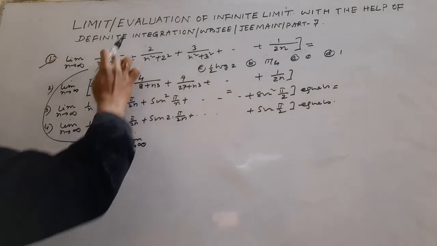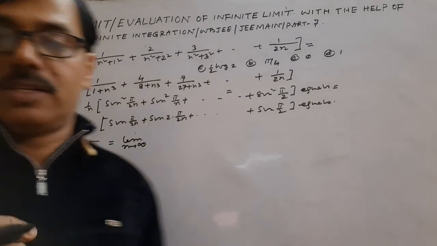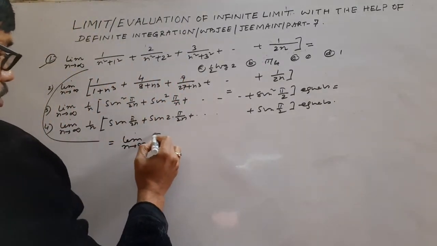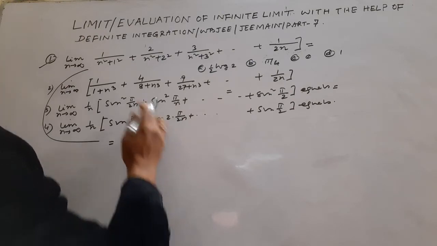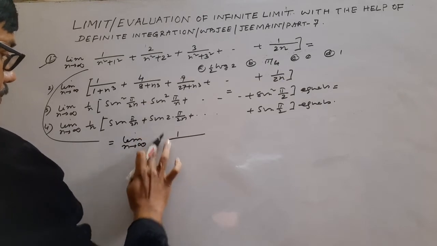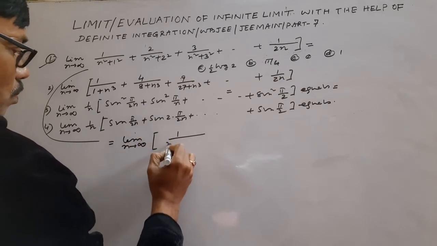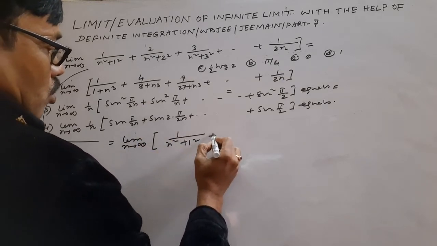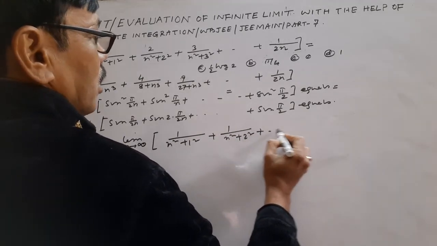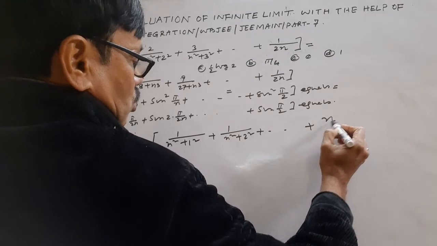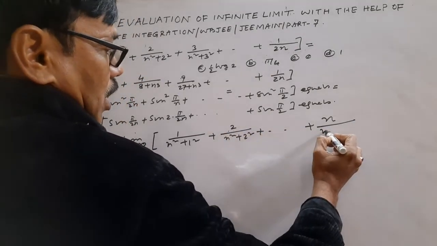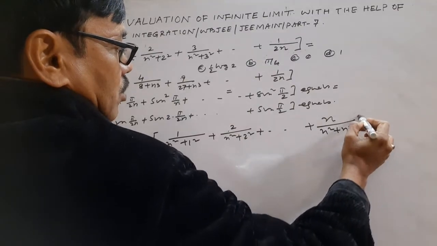Now our main aim will be to express it as a summation. So look, this is 1 by n square plus 1 square. There is a similarity, n square plus 2 square. So the last term should be n by n square plus n square.